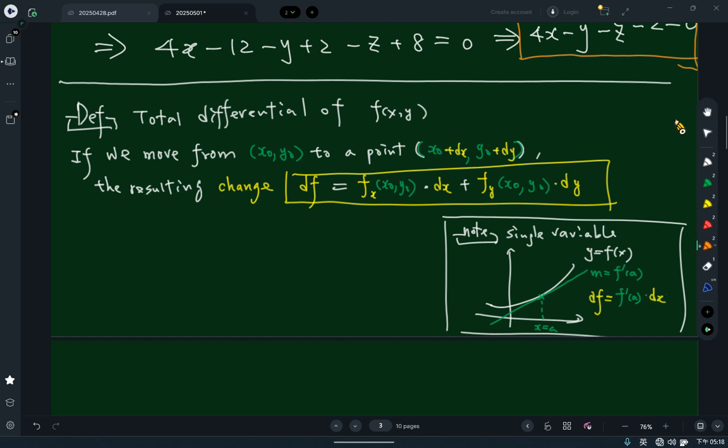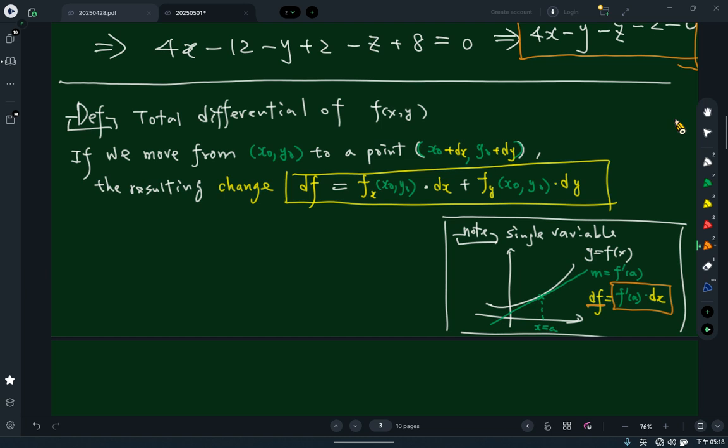The resulting change is f prime a times dx. So you can simply move dx back to the left hand side and get df over dx is equal to f prime a, right?